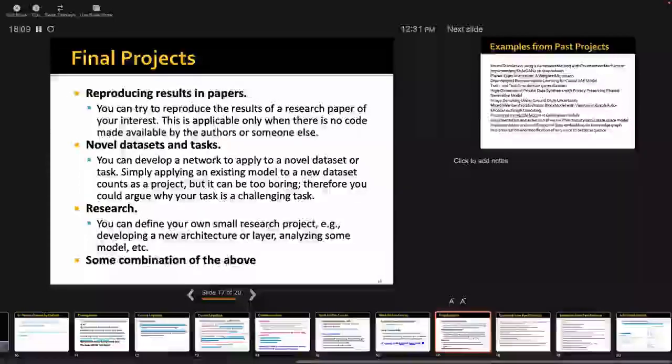Or even analyze some classes of models to give people an overall understanding, or an empirical study or benchmark of a large set of models. That also counts as research. So these three, 1, 2, 3, they all count as final projects, and some combination of them will also count as projects. Okay.